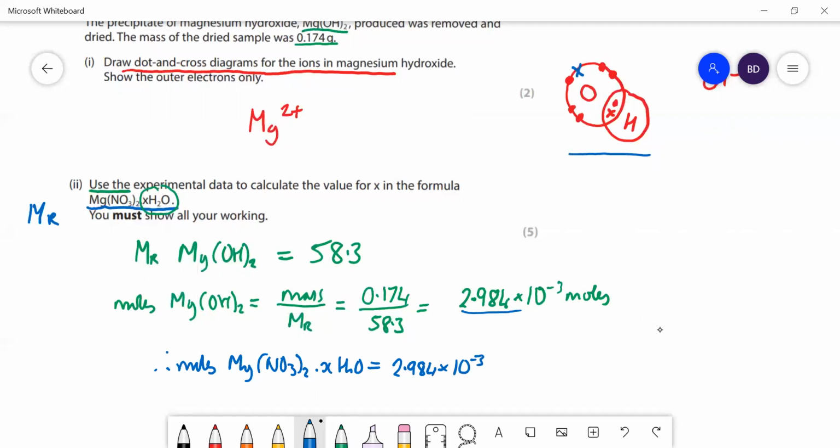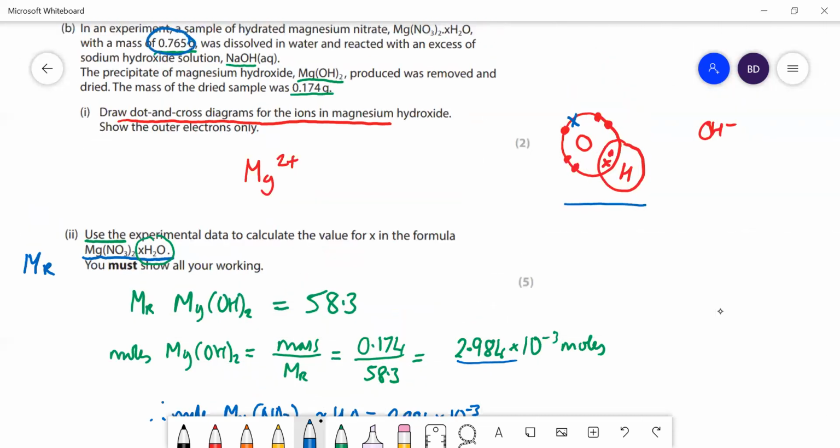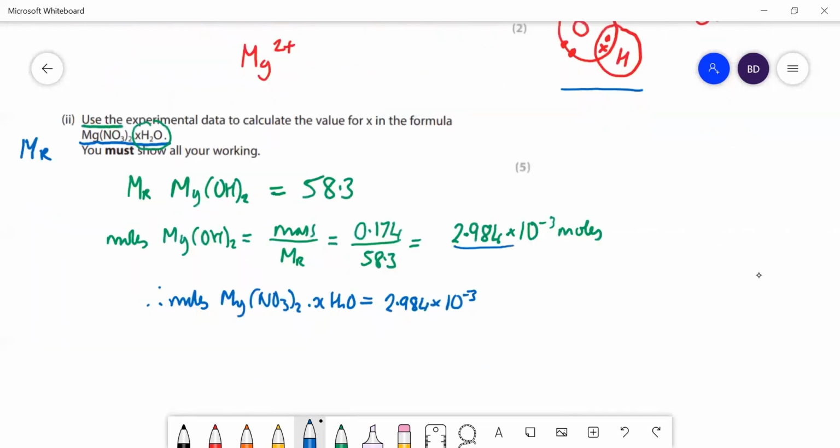Now we know the mass of that. The question told us what the mass of that much was. You can see it is 0.765. So we know the mass and we know the moles, we can work out the MR. Just write that down. So we've got moles is equal to mass over MR. So the MR is going to be equal to the mass divided by the moles.